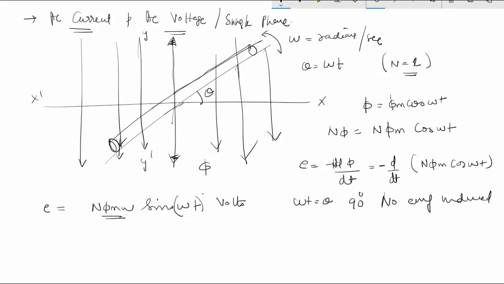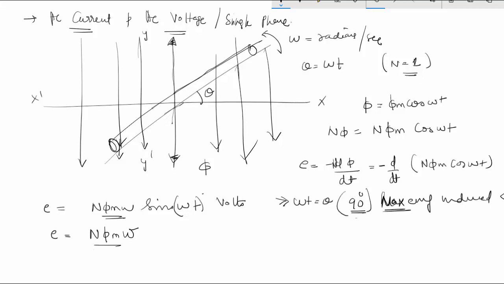In that case the flux linkage will be 0 and the maximum EMF is induced. So the flux linkage when it is parallel will be 0, but the EMF induced will be maximum, and the EMF will be n phi m omega.